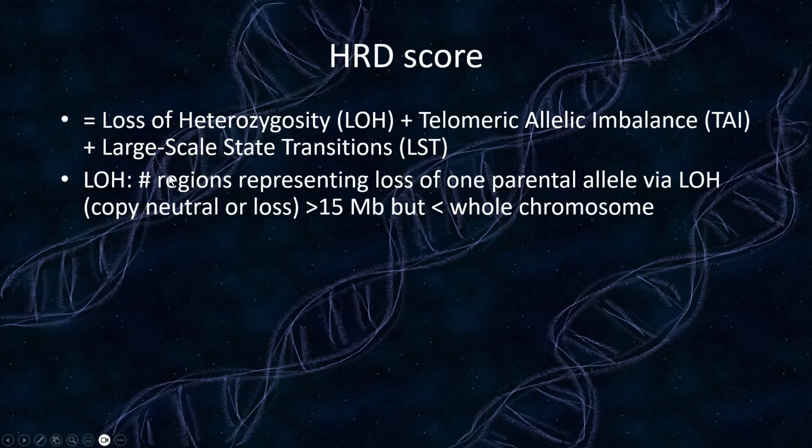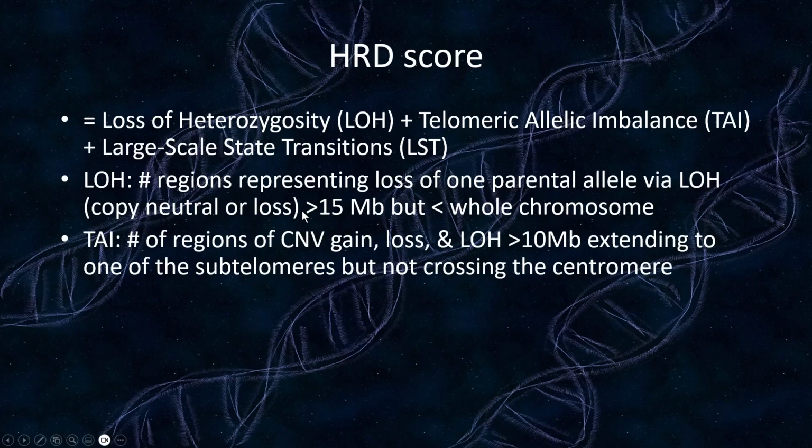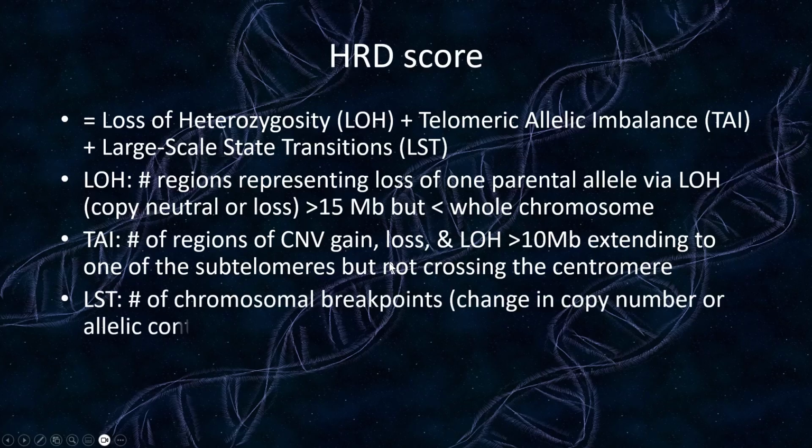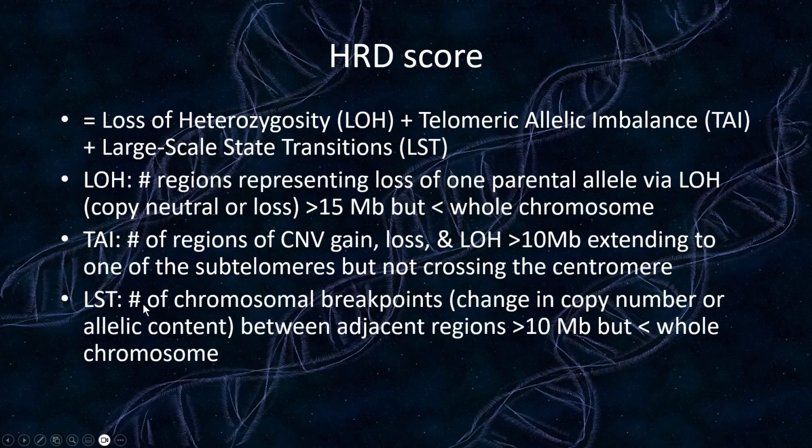And there are the definitions one more time. LOH, loss of a parental allele, loss of one of your alleles via LOH. So copy neutral or loss deletion. And then TAI, these variable regions at a telomere and not crossing the centromere. And then LST, large-scale state transitions, are any changes.